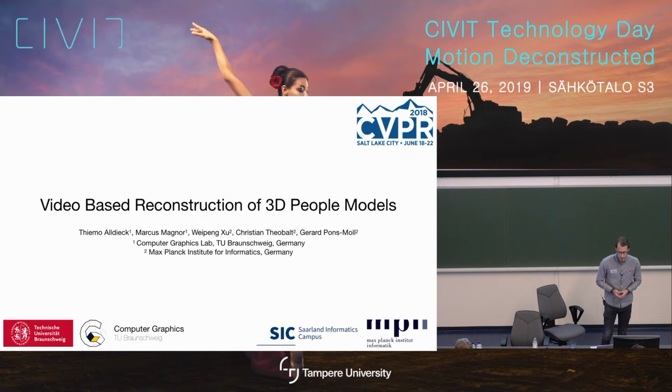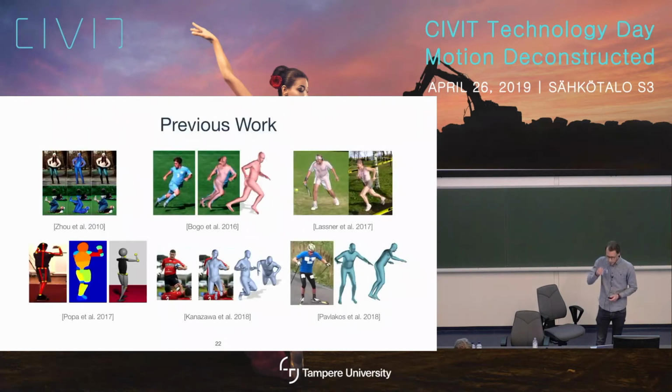This leads us to the first work I want to present to you. This is a video-based reconstruction of 3D people models. This was presented at CVPR last year, and it's joint work with the folks at the Max Planck Institute in Saarbrücken. Previous work tried to model pose and shape before, but what they used are these models I showed you earlier, SMPL, or there are also other models.